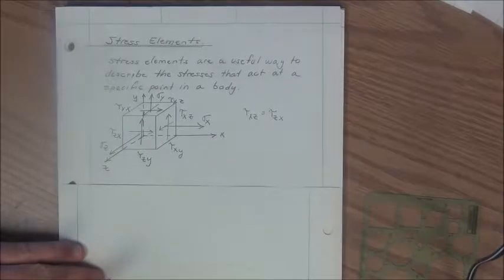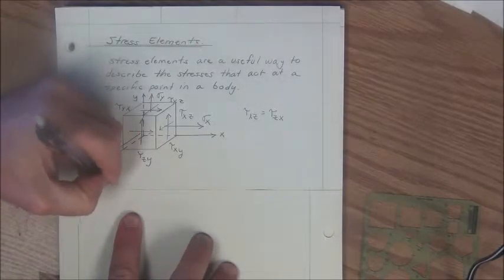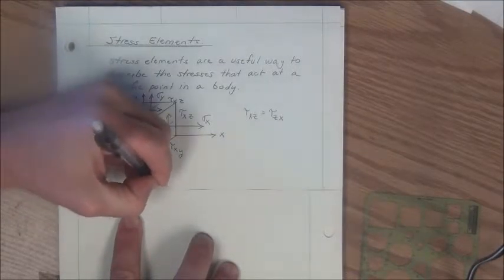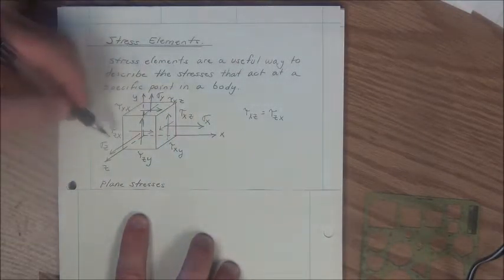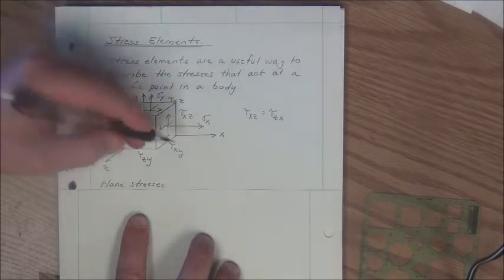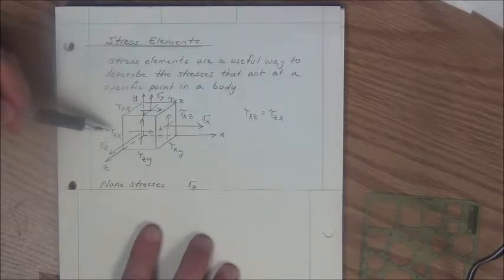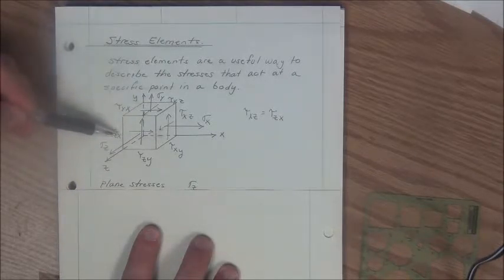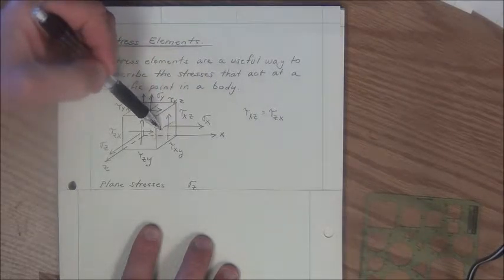Oftentimes we have a plane stress situation. In plane stress, one of the normal stresses goes to zero. So we have sigma z, for example, would equal 0. And any other stresses that have z components in them would also equal 0, which implies tau zx and tau zy. And if tau zx is equal to 0, tau xz also has to be equal to 0.